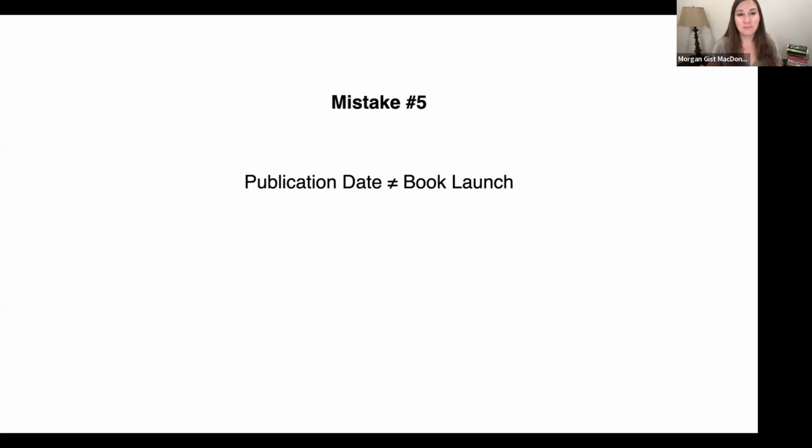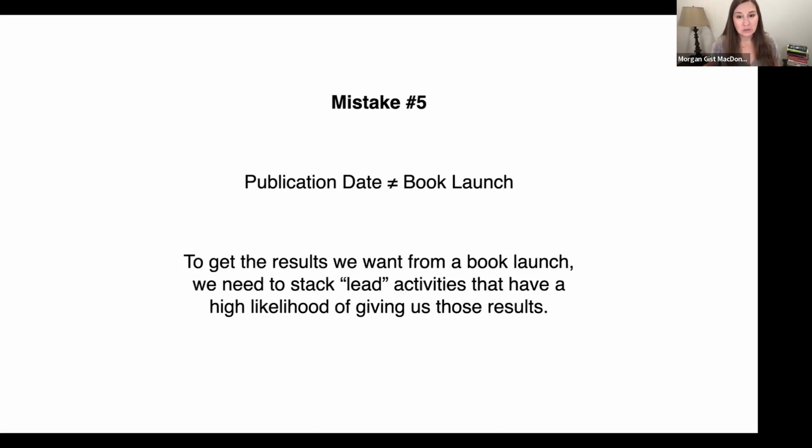Mistake number 5 is that a publication date does not equal a book launch. To get the results we want from a book launch, we need to stack what I would call lead activities that have a high likelihood of giving us the results we want. These concepts actually come from a business book called The 4 Disciplines of Execution, written by Stephen Covey's son and a couple of co-authors.